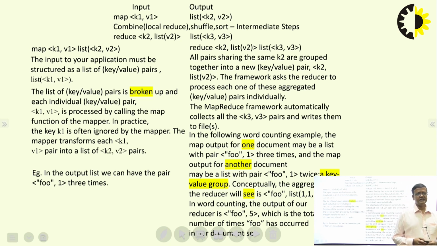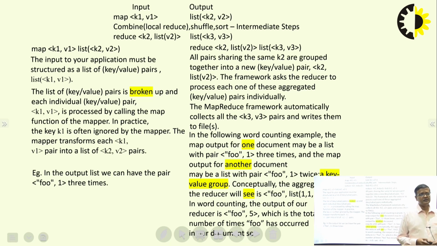So these are your intermediate steps, and the output of these intermediate steps follows the map function output, and the resultant output is fed into the reducer function to get the reducer output.